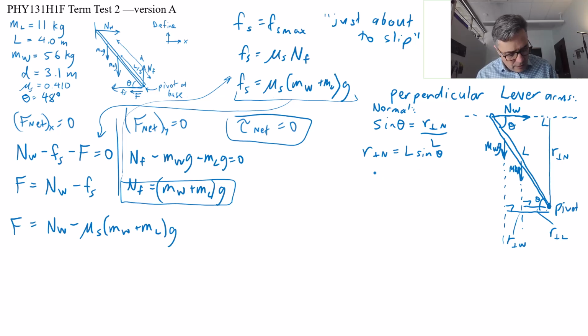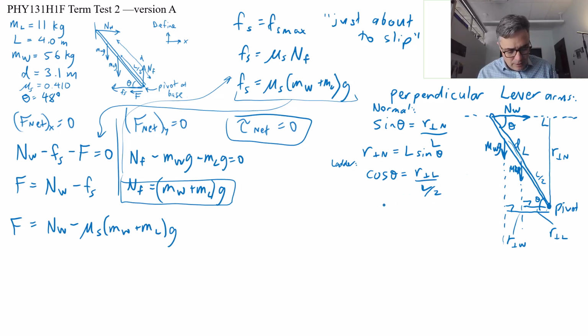And then from these triangles down there, you have cos theta is equal to, this is maybe for the ladder, R perpendicular for the ladder is the adjacent divided by L over 2. If you can sort of see that triangle, this is L over 2, and then this distance is D, right?